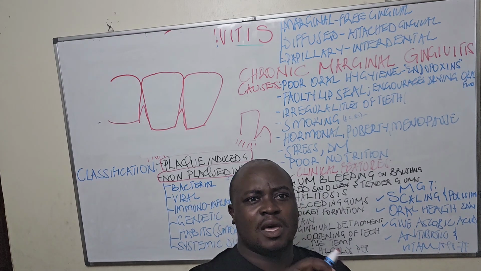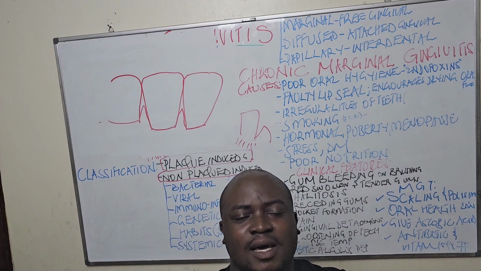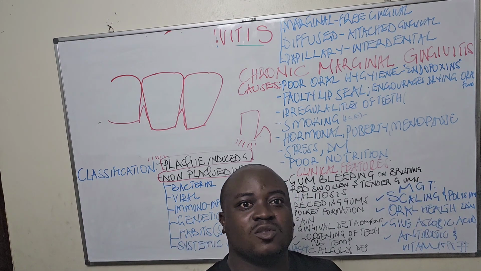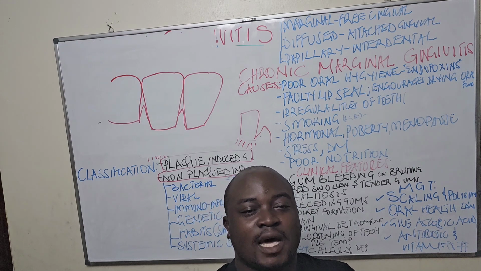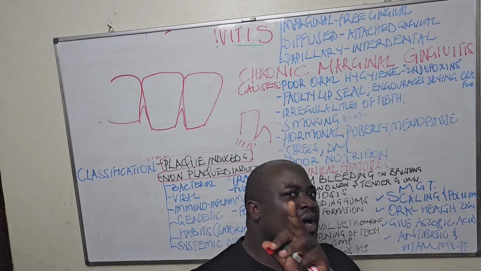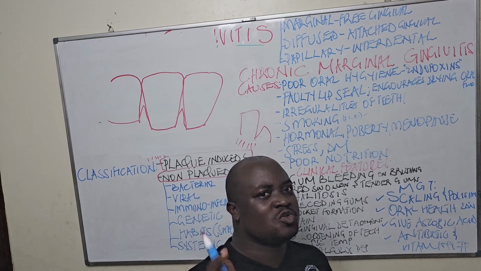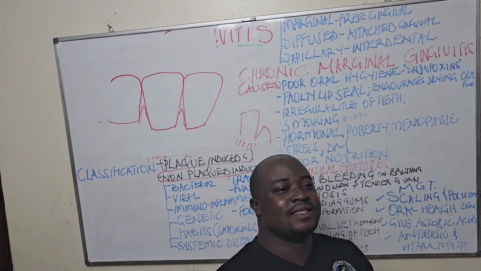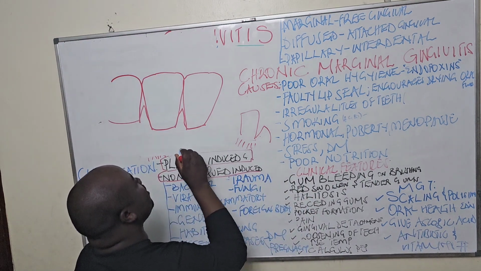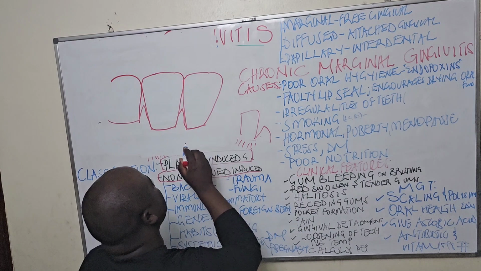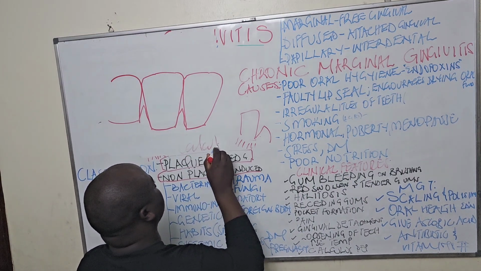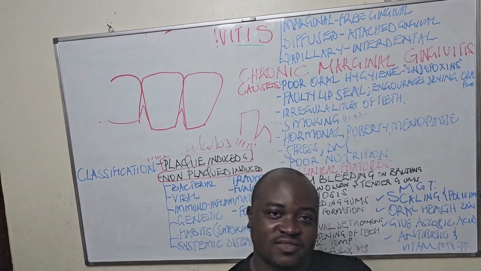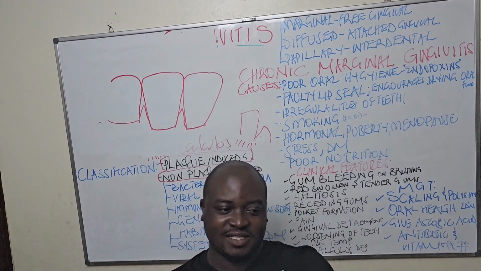But once you use mechanical forces, for example a toothbrush, it is able to get away from your teeth. We also said that in case you do not brush it quickly and saliva bathes it, this plaque can turn into calculus.